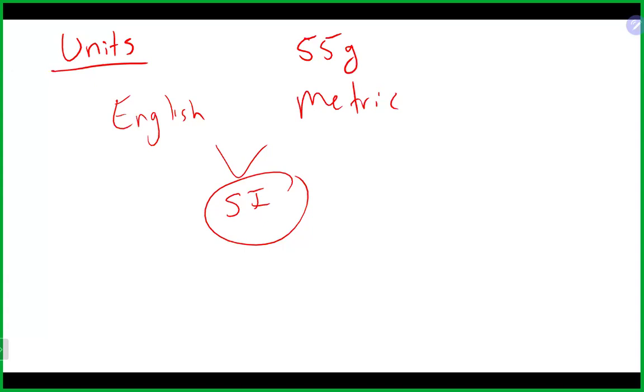It is also important to understand what the units represent in terms of what type of quantity you're dealing with. So if you're talking about grams, you're talking about a mass. If you're talking about something like centimeters, you're talking about a length. So it's important to have that recognition of it.